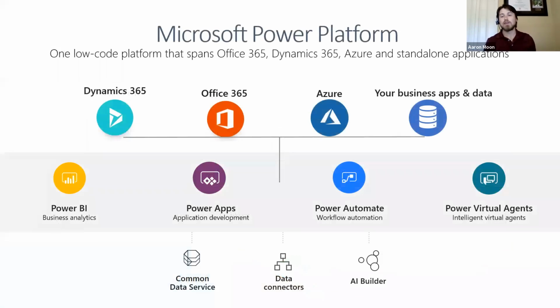So what is this Power Platform that I'm talking about? Well, it's really comprised of a number of different tools and services, and they all connect to the Microsoft ecosystem. So if you're using Office 365 for things like Outlook, Word and Excel, SharePoint, those can be connected into this platform.